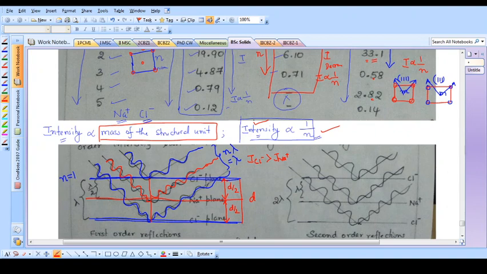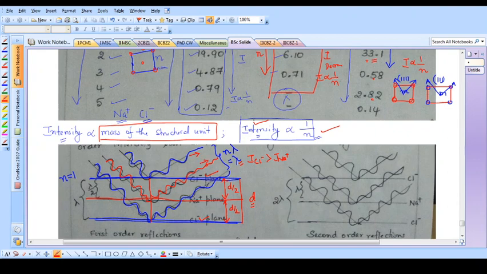Now the setting is such that you are observing a first order reflection from these two chloride planes. It means the path difference is lambda when the distance of separation is d. So what should be the path difference between the chloride plane reflected X-rays and sodium plane reflected X-rays?